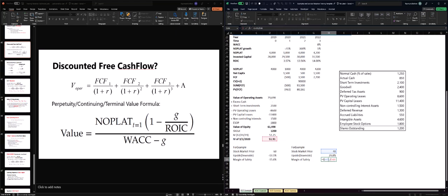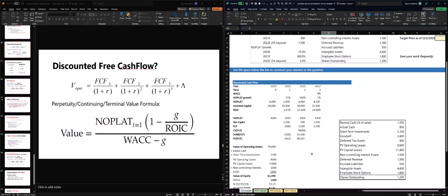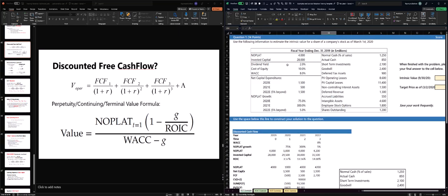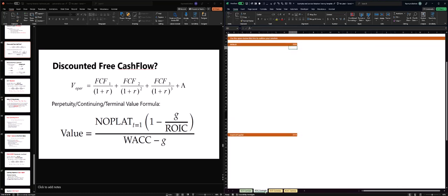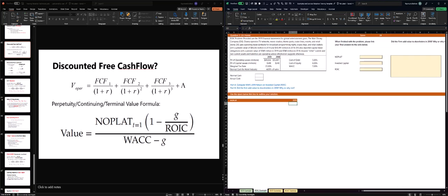And then for margin of safety, it's 1 minus your current market price divided by your base of truth, which is your IV. Both are positive, or both are negative. All right, that's for the first example. We're going to go through the second example, which is the ROIC, in the next video.